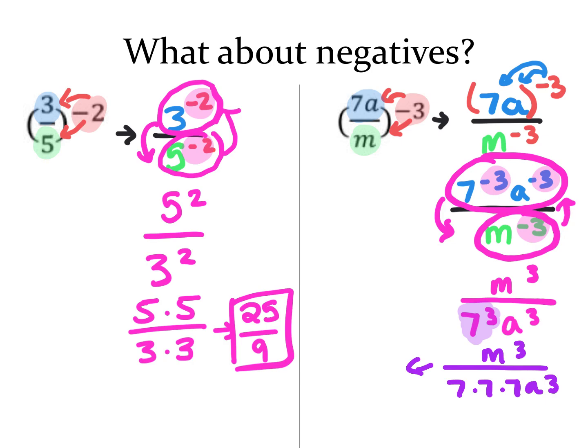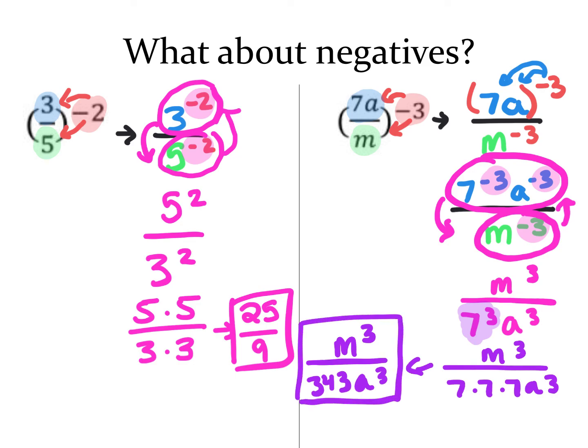And when I finish simplifying, 7 to the 3rd power gives me the value 343. So your answer is m to the 3rd over 343 a to the 3rd. And again, like in the previous example, you could have flipped the fraction initially and simplified from there.